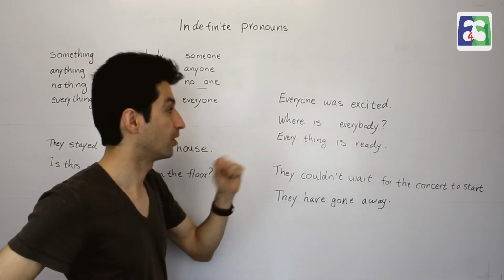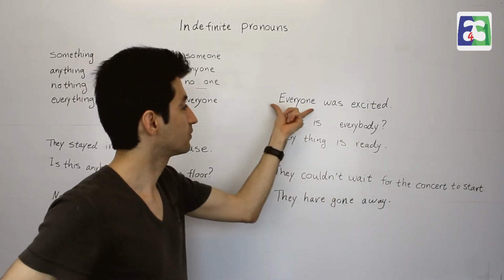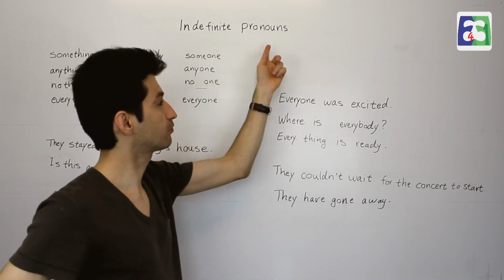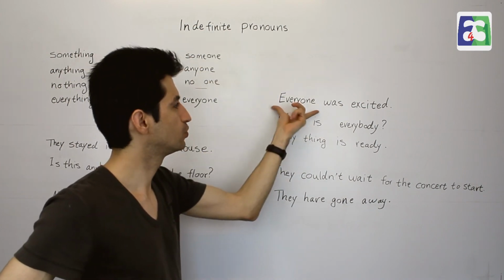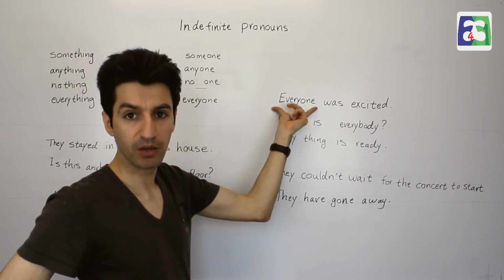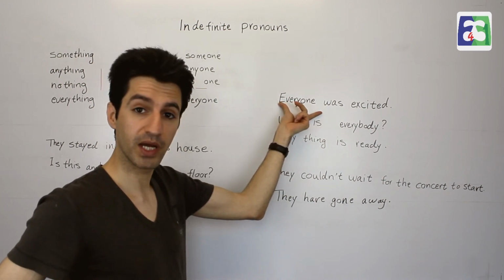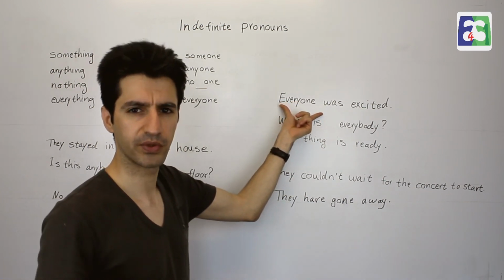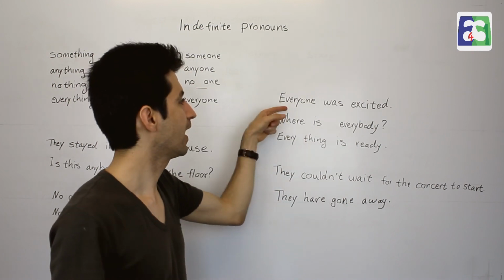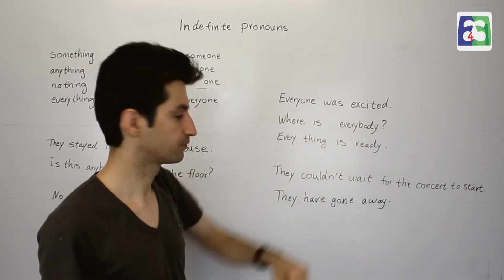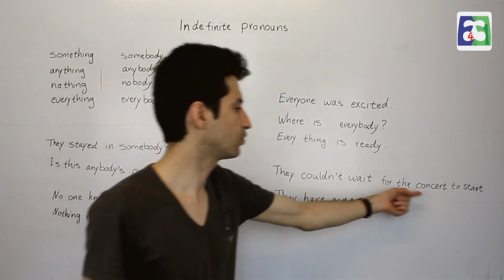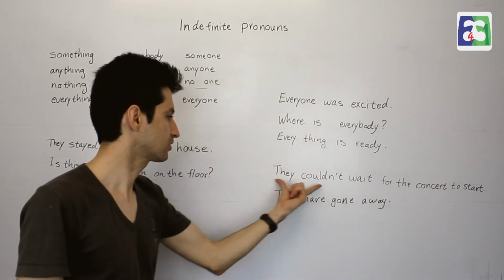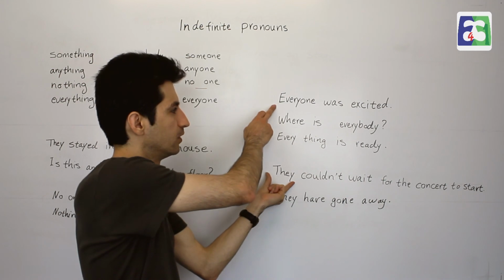But another thing: when we refer back to our indefinite pronoun, when we want to use another pronoun for this indefinite pronoun, I use the plural pronoun. What do I mean? I say, everyone was excited. They couldn't wait for the concert to start. I am talking about everyone.